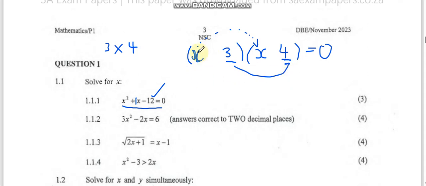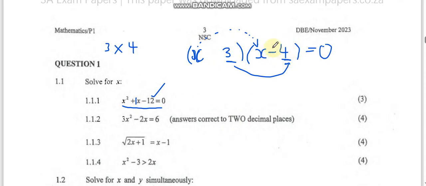So the trick here guys is that the bigger number will take the sign of the middle term. The sign of the middle term here is positive x, meaning the bigger number between this bracket and that bracket will take the positive sign. Which is the bigger number? It is this bracket, because we have 4 there.